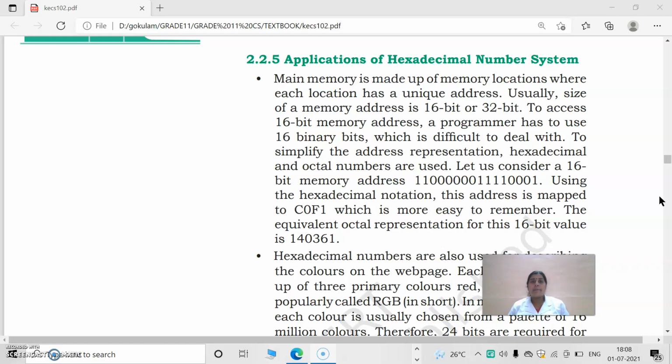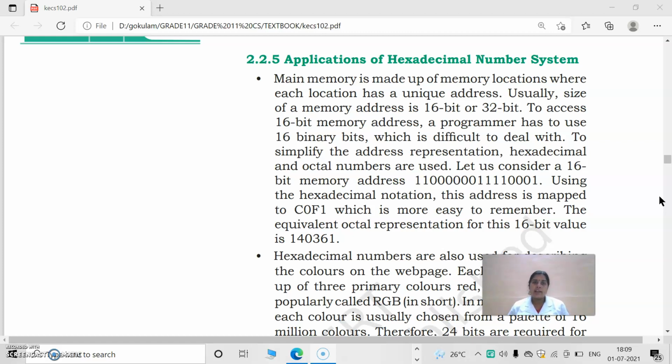So if our memory address is 16-bit, then 16 binary bits are needed. Writing 16 binary bits like 00111110 will be difficult, so we represent these 16 bits by using hexadecimal representation.